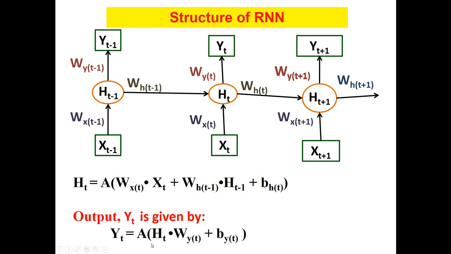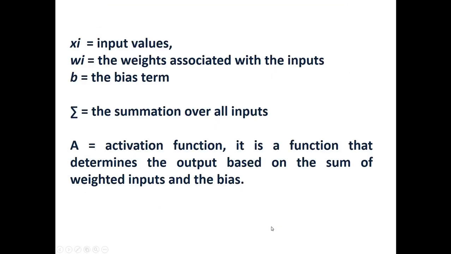Now the output is given by the activation function of HT multiplied by Wyt plus Byt. So now this is the yt, the next prediction. This is how it is.